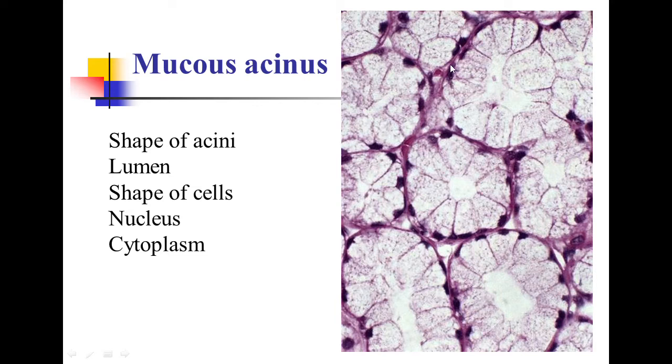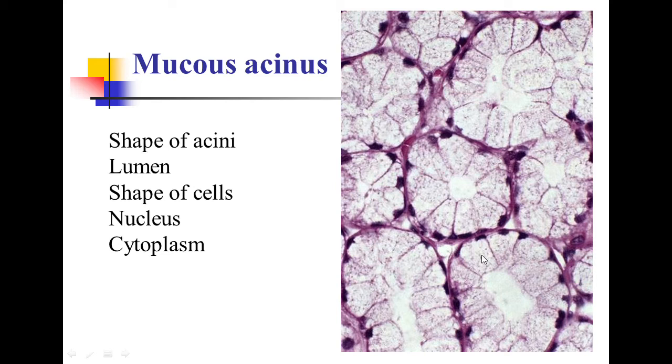So here you can see the flat nuclei, and these nuclei are situated peripherally. In serous acinus, the nuclei are rounded and centrally placed, whereas in mucus acinus, the nuclei are flat and peripherally placed. So in the exam, you should know the difference between the serous acinus and the mucus acinus.